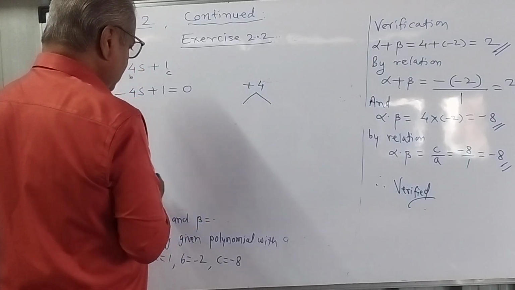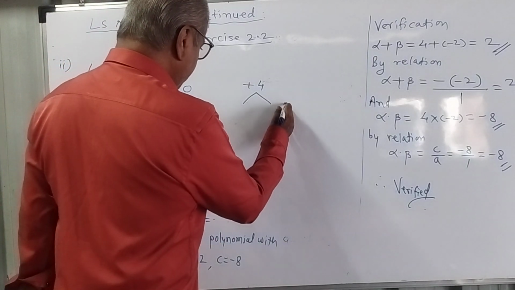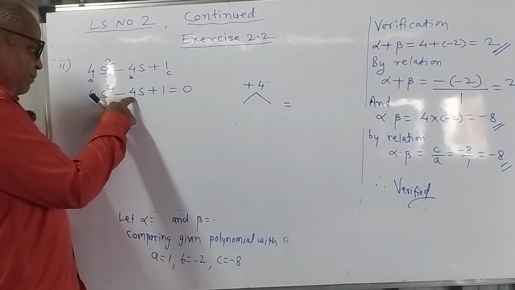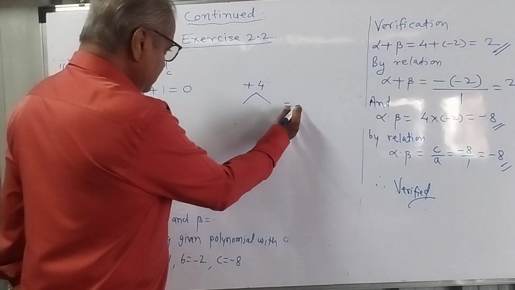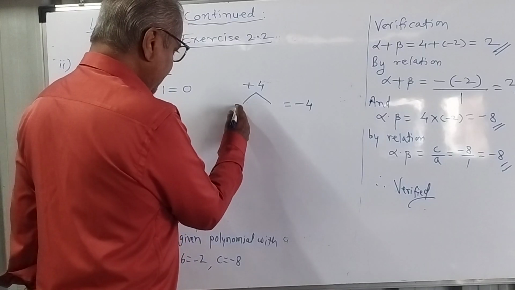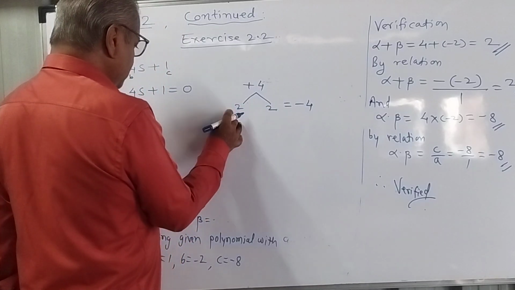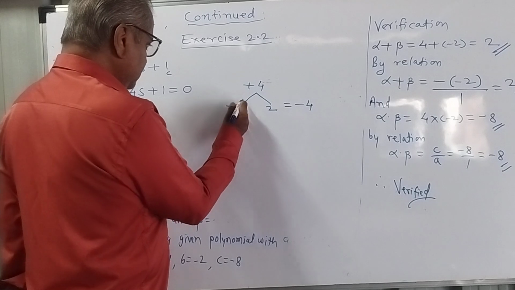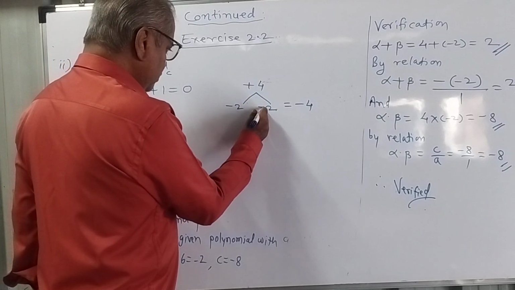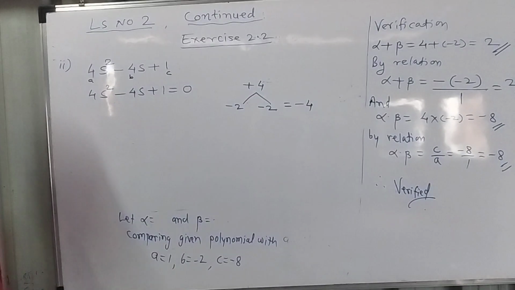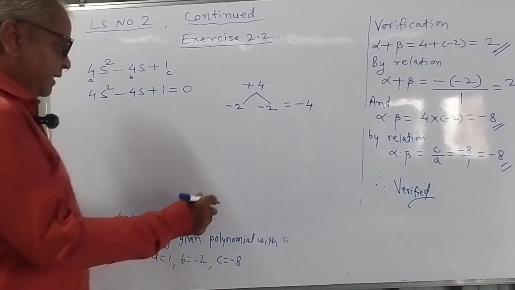Split it. I need the horizontal sum to be the coefficient of the middle term, that is minus 4. So to get minus 4 I can write 2 into 2. The middle term's sign is minus and the product's sign is plus. So the product of negative and negative is positive. That's why minus 2 into minus 2, the product is positive 4 and the horizontal sum is minus 2 minus 2 is minus 4, which is equal to the coefficient of the middle term. So this splitting is correct.